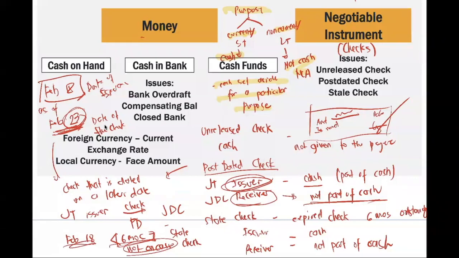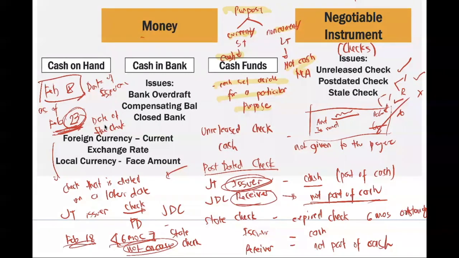Okay. So on your checks, what are the issues? Unreleased check, we say this is part of cash. Post-dated check, it depends if you are the issuer or receiver. Issuer, part of cash. Receiver, not part of cash. Stale check, on the part of the issuer, part of cash. Receiver, not part of cash.